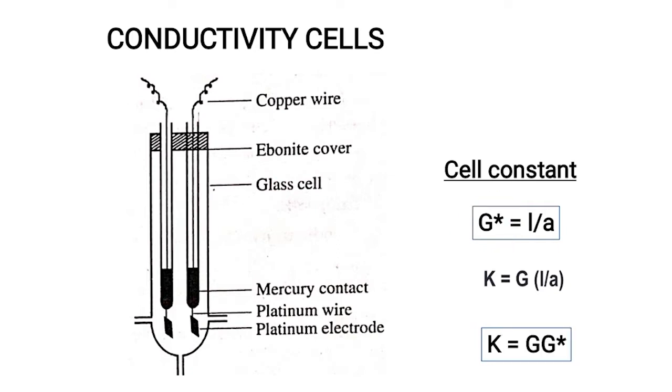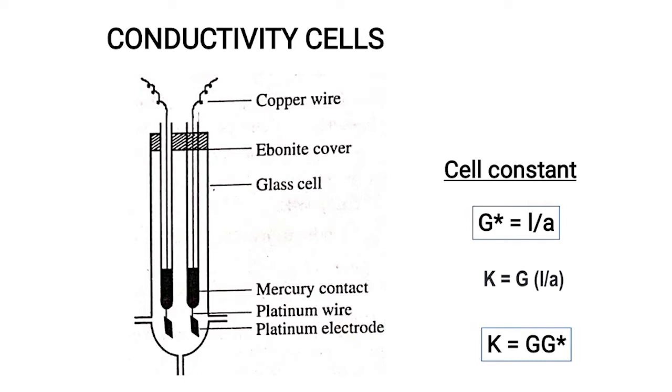We know the specific conductance of an electrolyte is given as K equal to G into L by A. That is, specific conductance is equal to conductance into cell constant. So the cell constant is a factor with which the observed conductance of an electrolyte solution is to be multiplied in order to get its specific conductance.